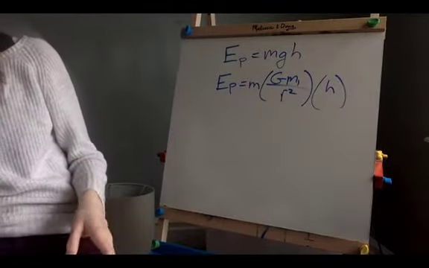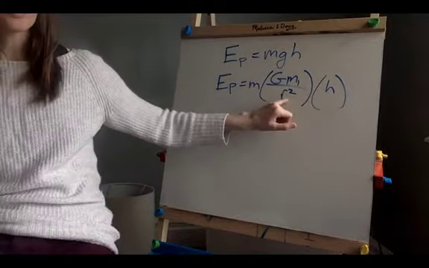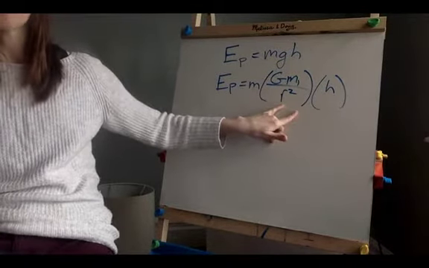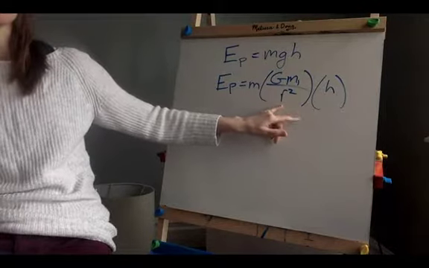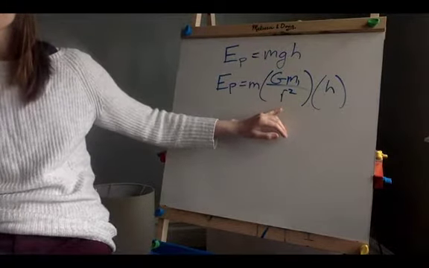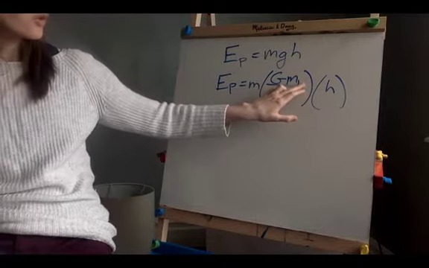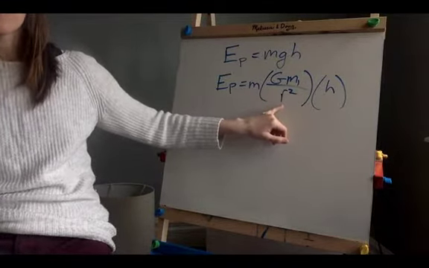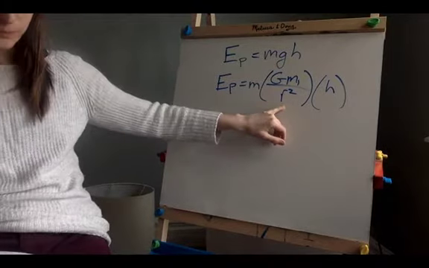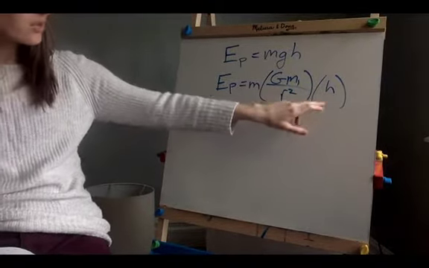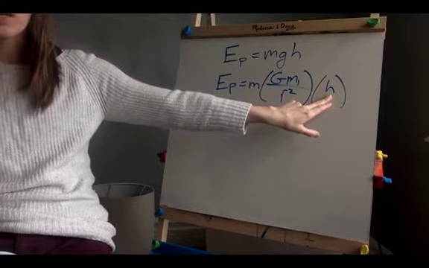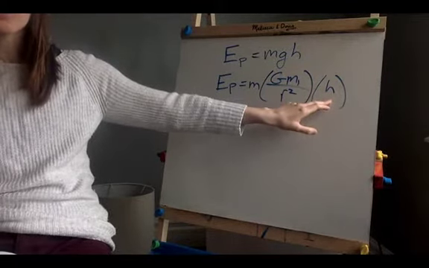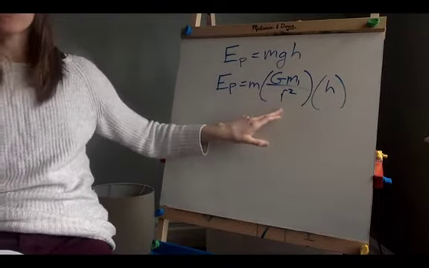But something to note is that when we talk about the radius here, we're talking about the distance between those two masses. So let's talk about just a satellite that's in orbit, where m1 would be the mass of the Earth, and the radius is going to be the distance from that value. What's happening here is that the height of that object is essentially saying, what's the distance between the two objects, which is equivalent to our radius.